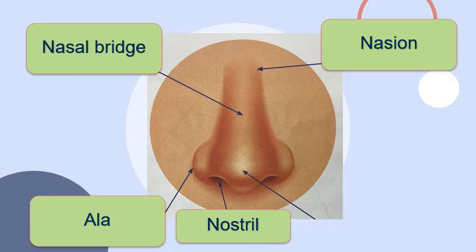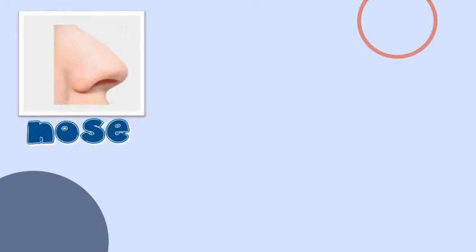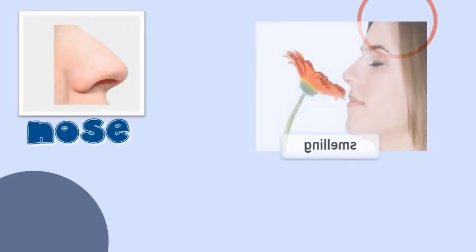And lastly, we have our nasal tip. This is the tip of our nose. Now, put your finger up and touch your nasal tip. Yes, that's right. So those are the components of our nose. Our nose is commonly used for smelling and breathing.